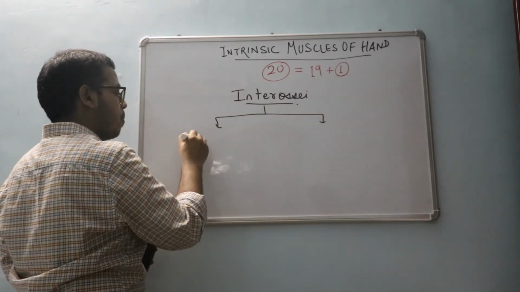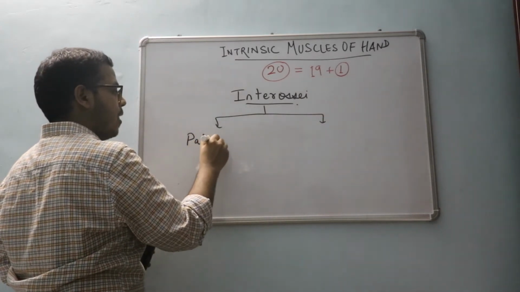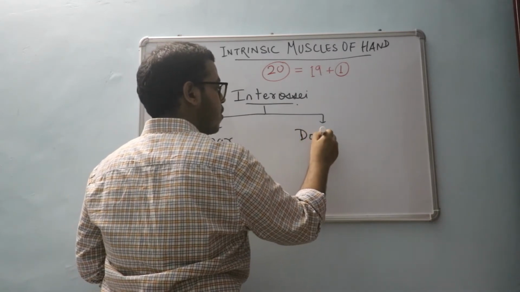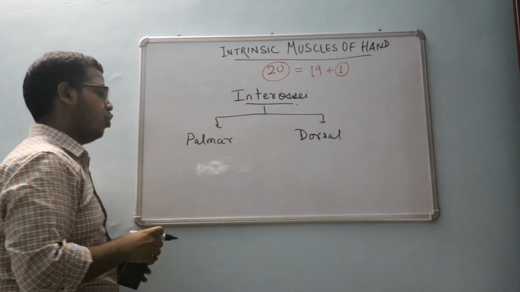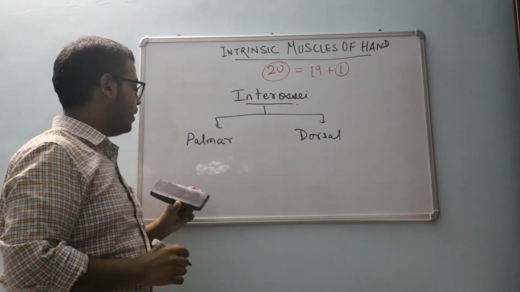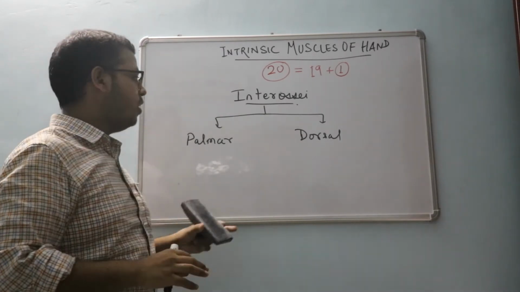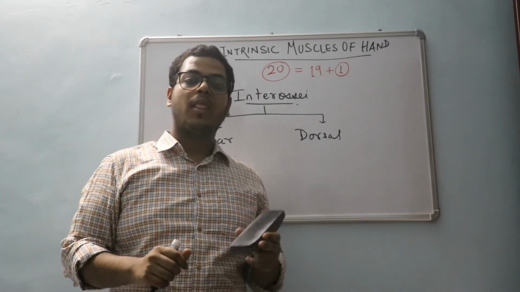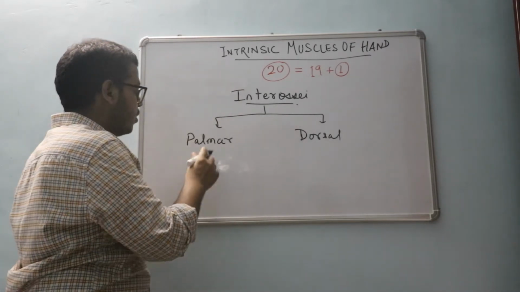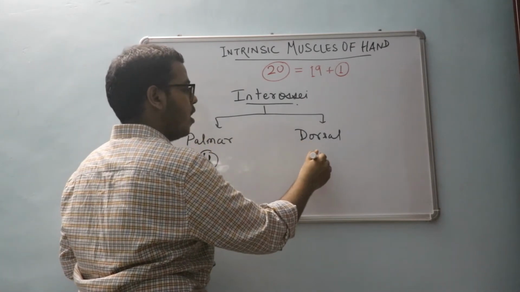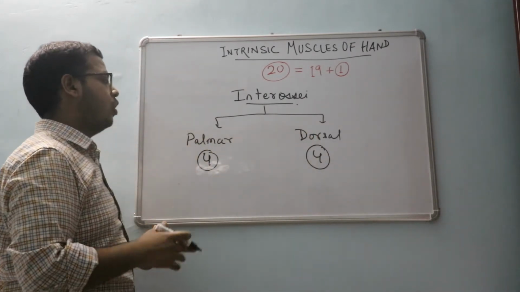One is the palmar interossei and the other one is the dorsal interossei. So the palmar interossei, they are like this. There are 4 palmar interossei and there are 4 dorsal interossei.